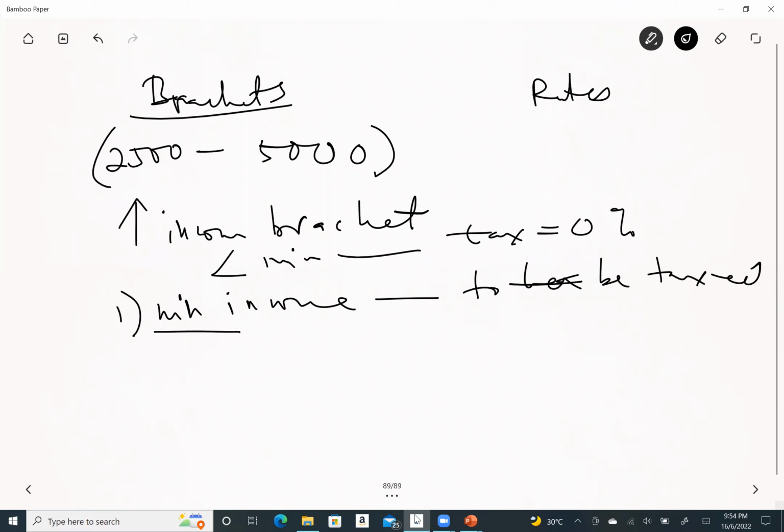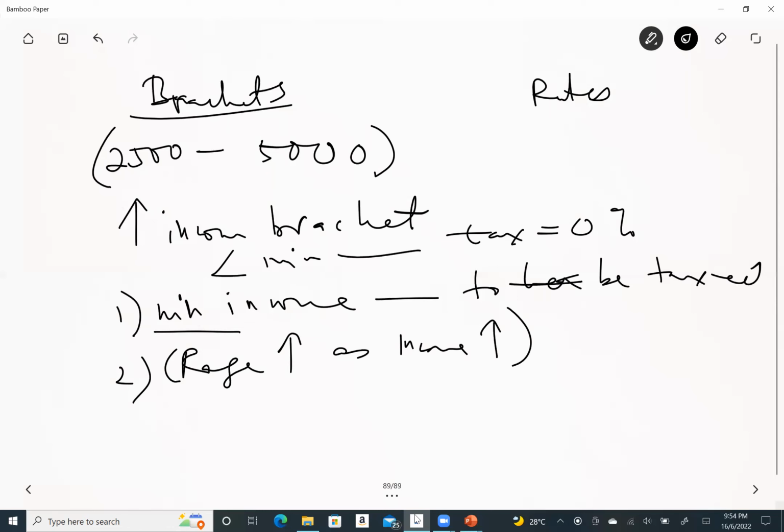There is a minimum income that is going to be taxed. And number two, the range. Range increases as income increases. We can see the range in the bracket normally. As income gets higher, the range gets wider.